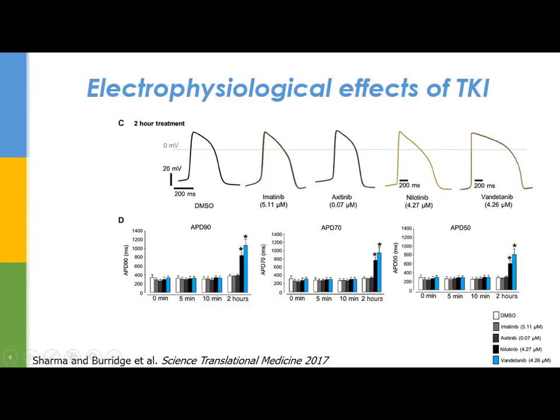When they assessed the electrophysiological effects of tyrosine kinase inhibitors, you can note that both nilotinib and vandetanib cause action potential duration prolongation. As I noted earlier, this reflects the QT interval in the ECG. But Gleevec and other tyrosine kinase inhibitors did not prolong the action potential duration.